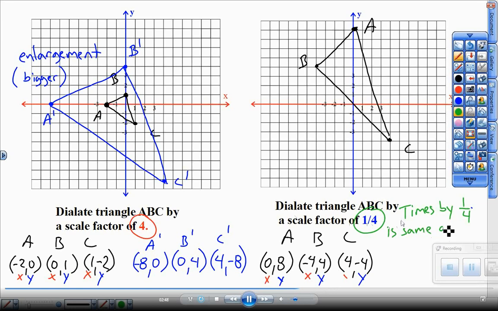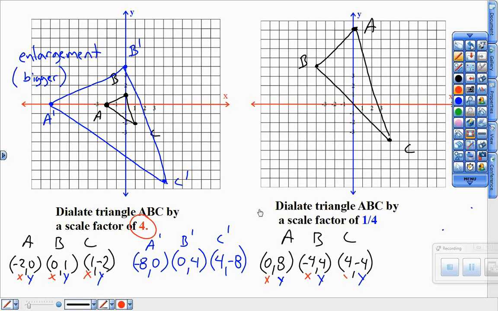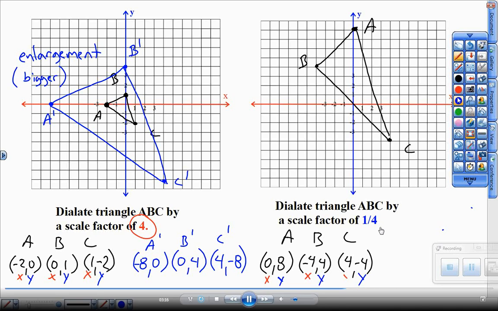But again, know that if you're timesing by a fraction, that is the same as dividing by that denominator number. So timesing each of these by 1/4 is equivalent of dividing each one by 4.